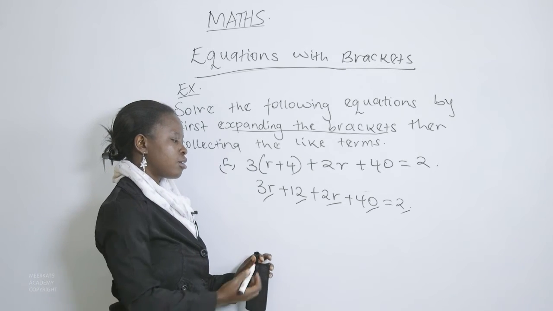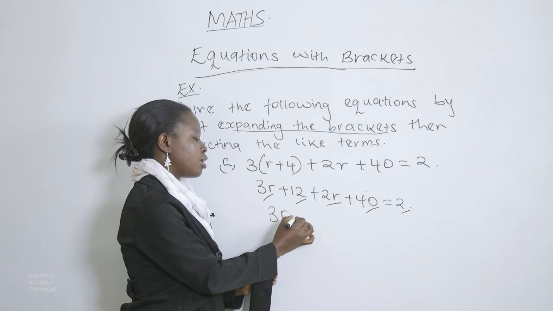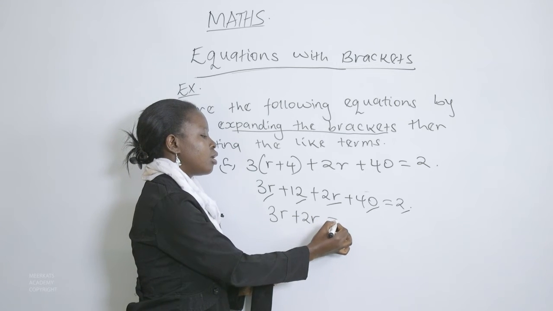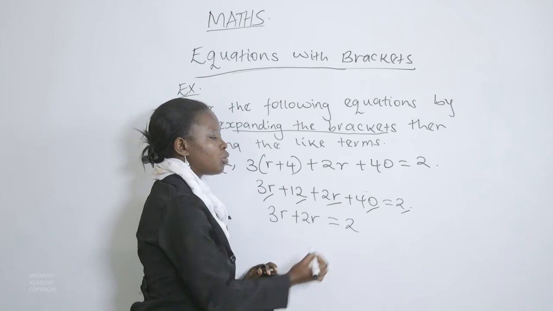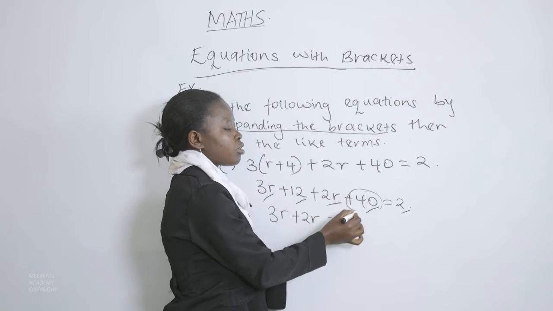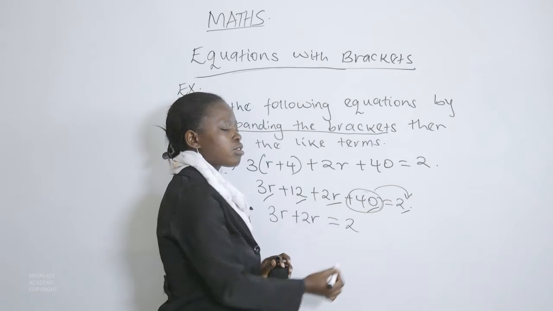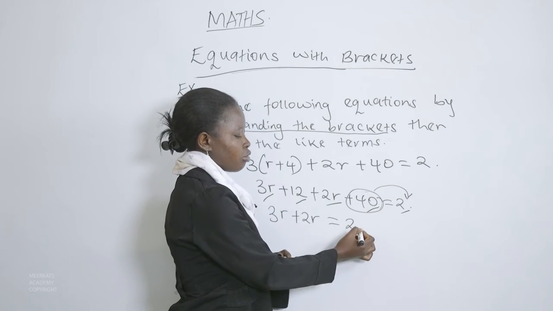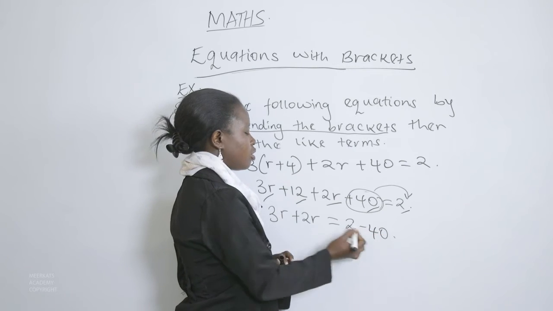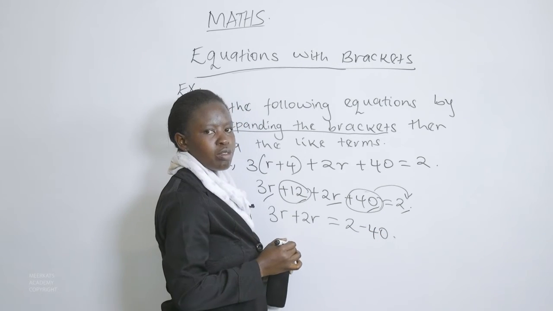So collecting the like terms, we have 3r plus 2r will be equal to 2. 40 is positive. When it crosses the equal sign, it becomes negative. So we have minus 40. 12 is also positive.